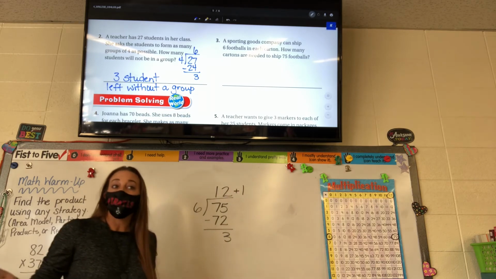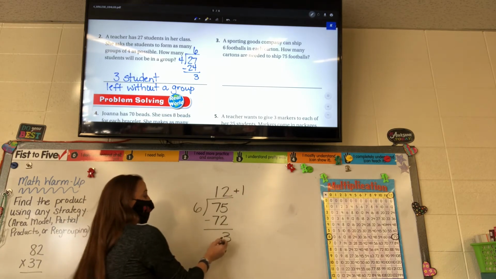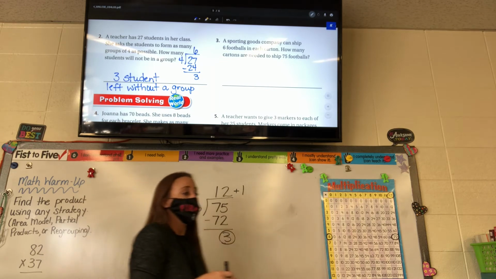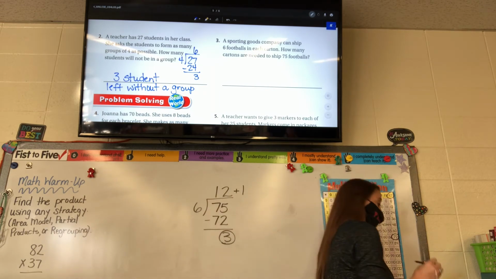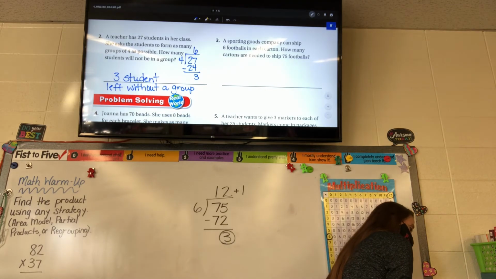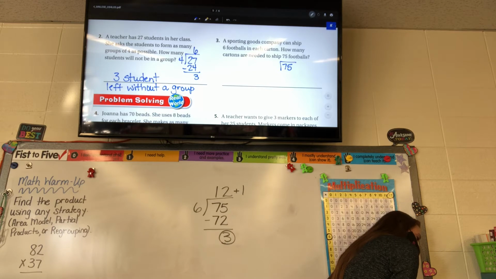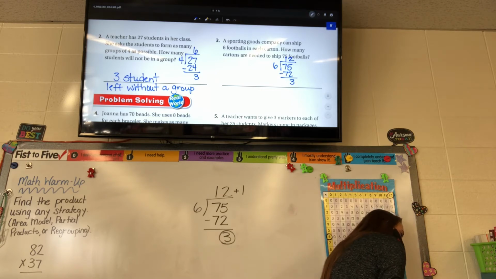Is that carton going to be full? No, it's only going to have 3 footballs in it. But when the customer asks for 75 and they're paying for 75, you better ship them 75. 75 divided by 6 got us 12, and that took up 72 footballs. We had 3 left over. So we had to add 1 to our quotient, and that gave us 13 cartons.